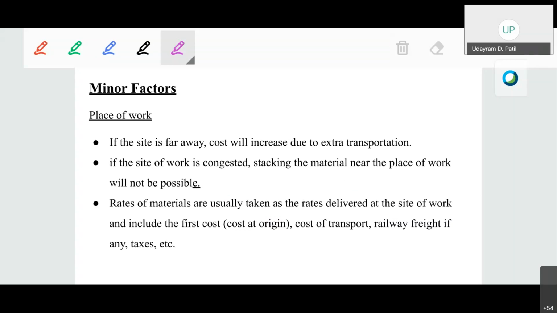Also, if the site of the work is congested, okay, where we have to do the work, the site is way too congested. There is no area available, no nearby free area is available. In that case, stacking of the material near the place of the work will not be possible because the site is congested.